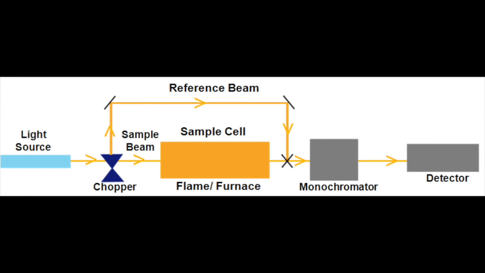Because AAS is generally analysing a liquid sample, like our water sample, it must first be vaporised in the furnace. The light then passes through the monochromators, which isolate a single atomic resonance line from the light emitted by the hollow cathode lamp. And the detector will sense the difference between what has been transmitted and what is being detected. The transmission will then be read on a computer.